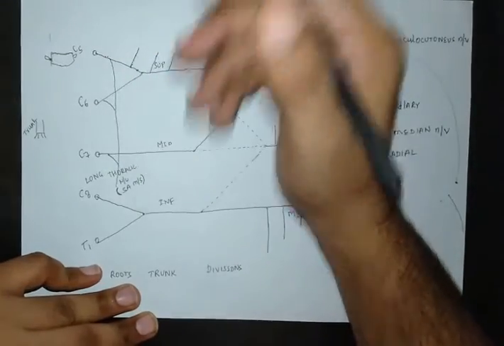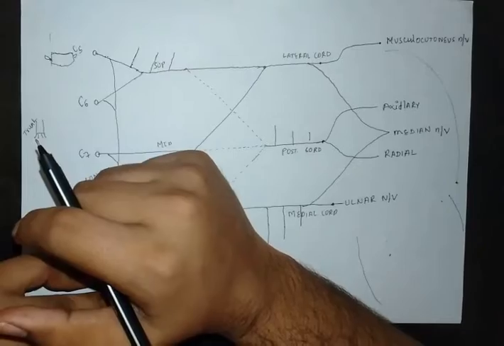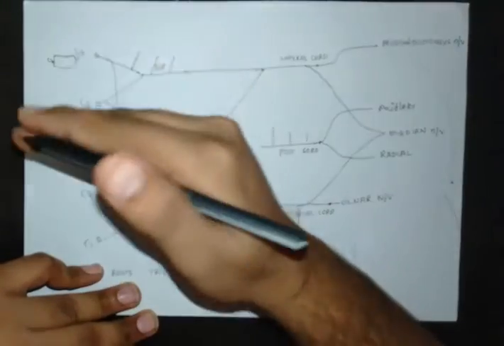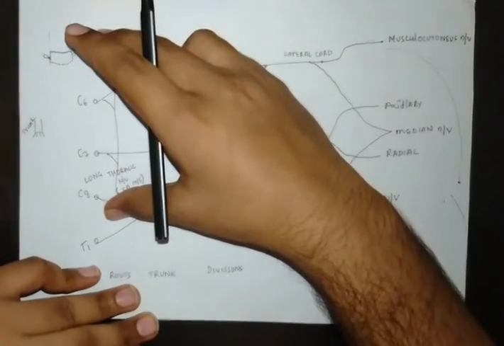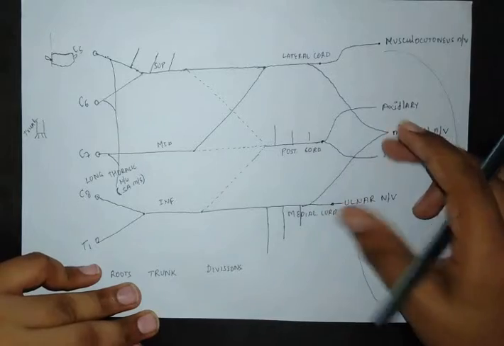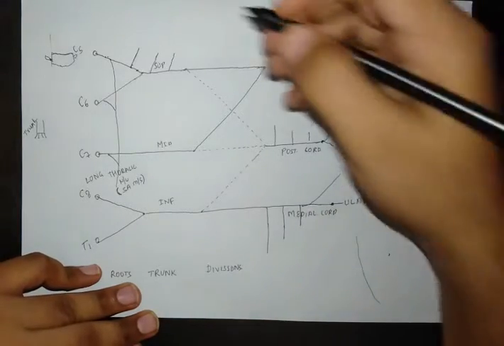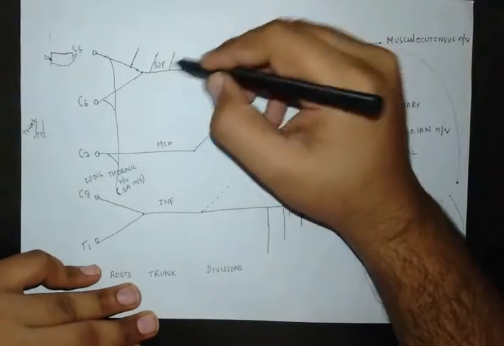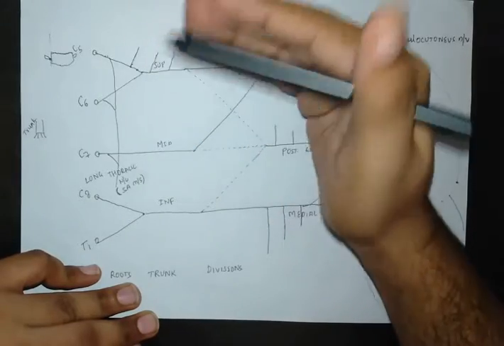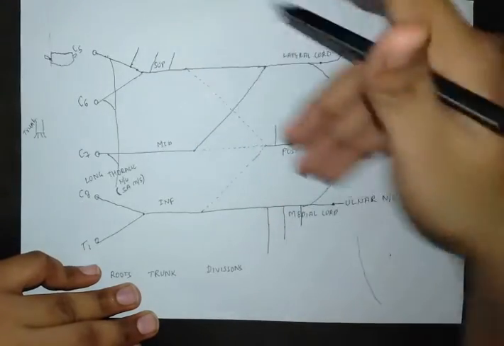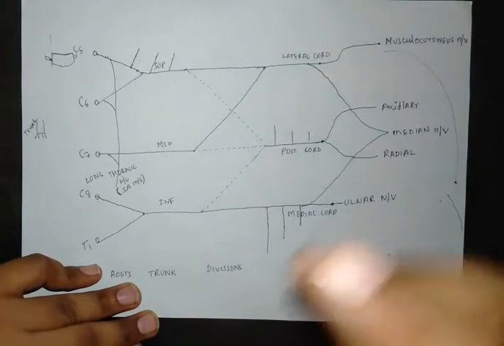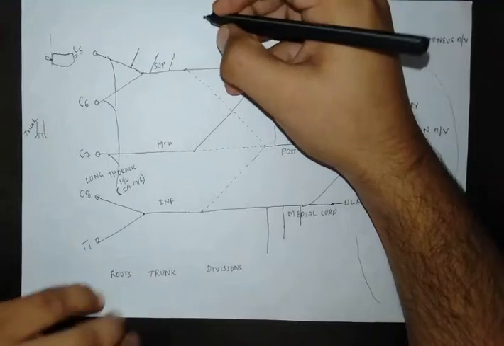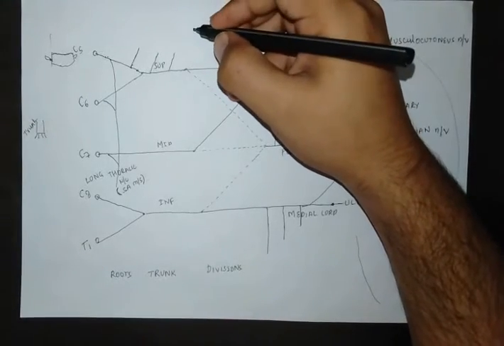Again, being the brachial plexus, I need to supply the muscles on the dorsal side of the scapula because I am supplying around the shoulder girdle. But I know that from here I will be reaching the axillary artery, which is towards the anterior side of my chest. So I don't want to supply the dorsal side from here, because I would have to cross, go back, and give some kind of recurrent nerves. So I will not do it.